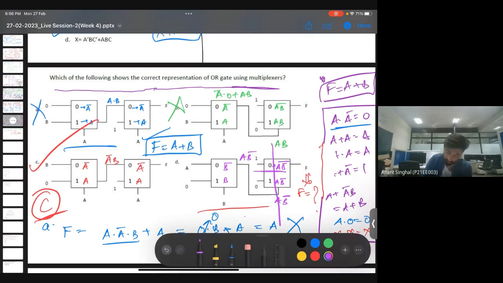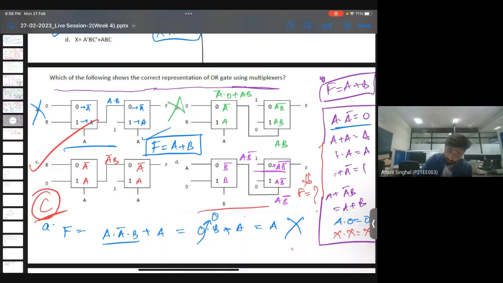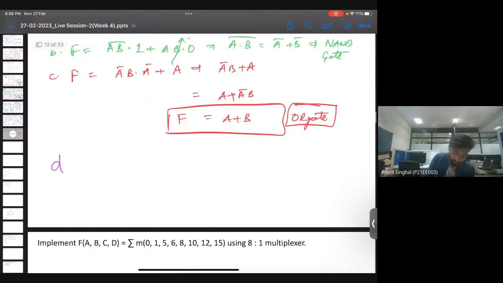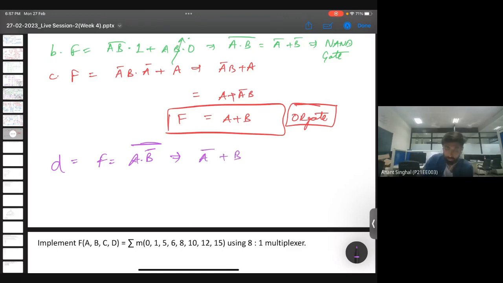Okay, let me try to undo it. So for option D, F is A B bar whole bar. On solving, we'll get A bar plus B. Yeah, so it is correct, whatever you have calculated. So it is not an OR gate, but this is one of the questions that we have added.